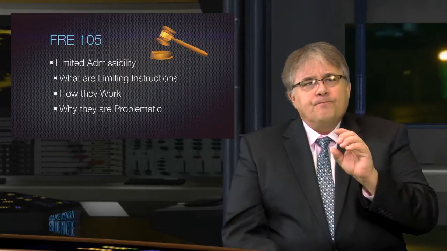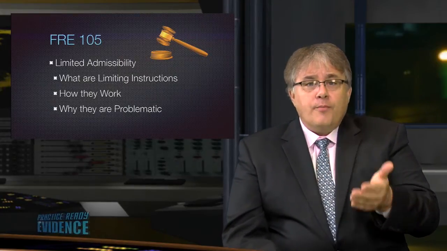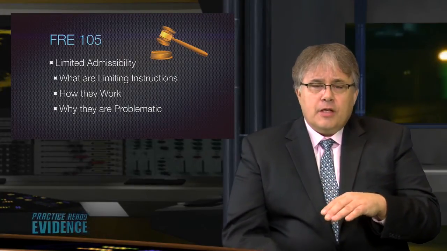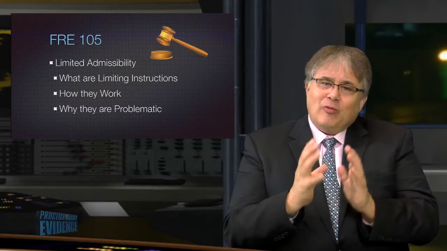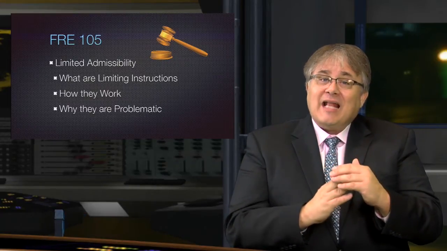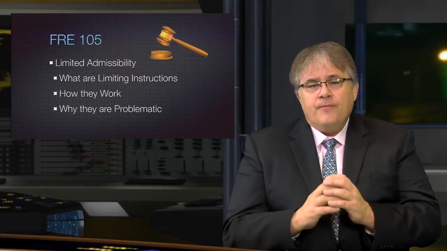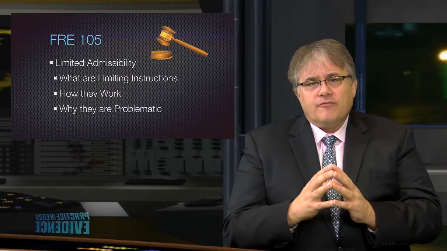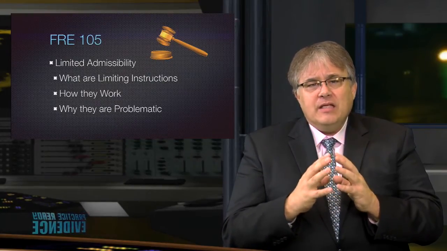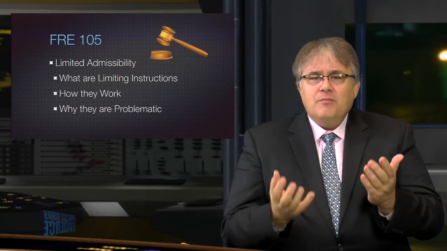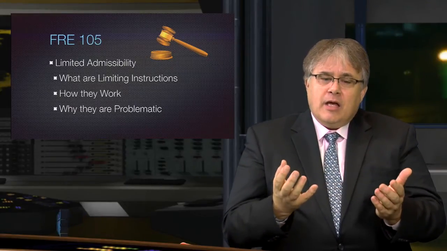Now, because the judge has the ability to admit evidence for one purpose and not for another purpose, and because evidence might be relevant in one way but not allowed under the rules in another way, we have this concept in the Federal Rules of Evidence that is called limited admissibility. Limited admissibility works like this.